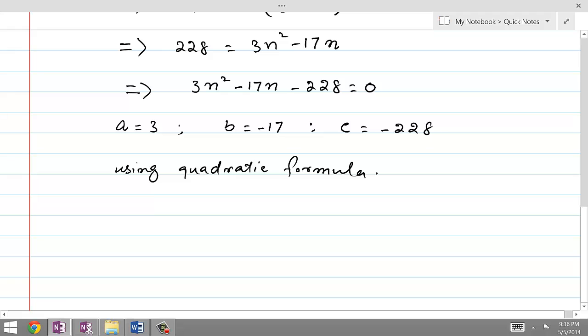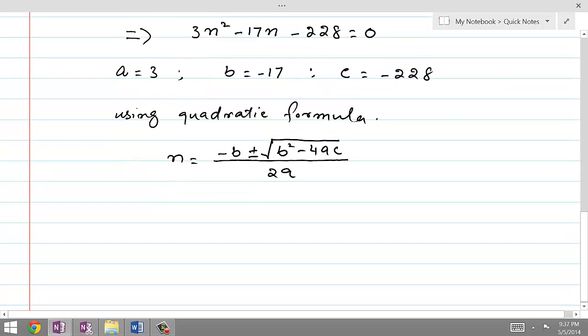Using the quadratic formula, here we get n equal to minus b plus minus square root of b squared minus 4ac, over 2a. That's called the quadratic formula for the solution of quadratic equations.